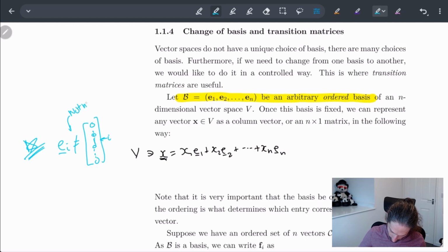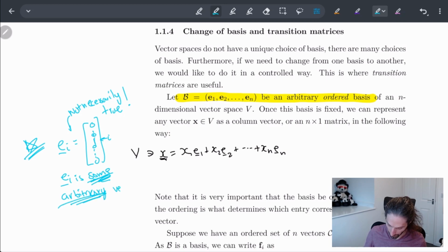That's not necessarily true. e_i is some arbitrary vector. So remember, it doesn't have to be the e_i we saw last time. Here it's just a notation, so just a big note.